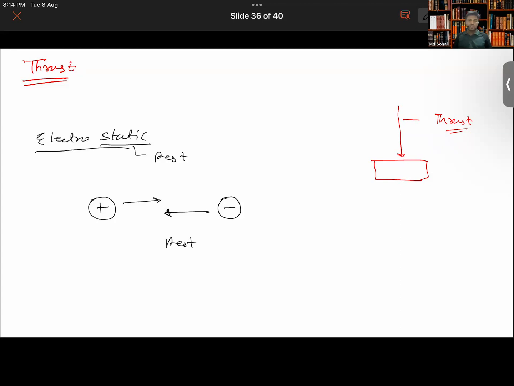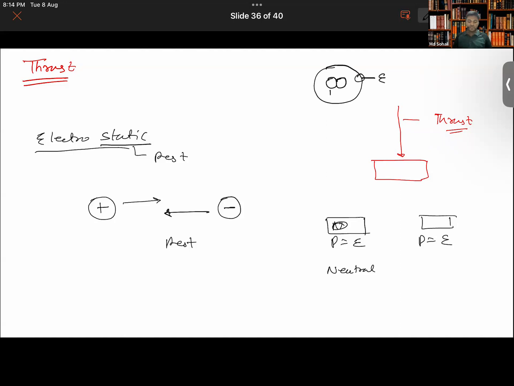And as I told you, why the body develops positive and negative charge is very obvious. A body will have equal amounts of proton and electron, so then our atom is said to be neutral. You guys know that an atom is basically made up of three fundamental particles: proton, neutron, and electron.